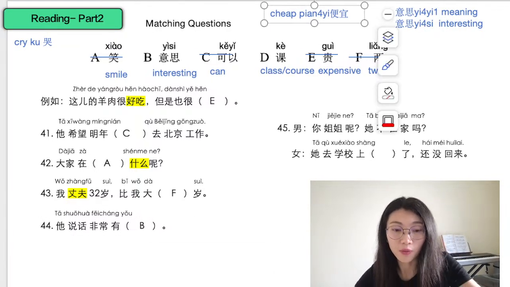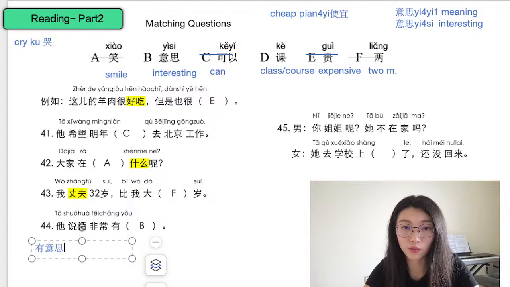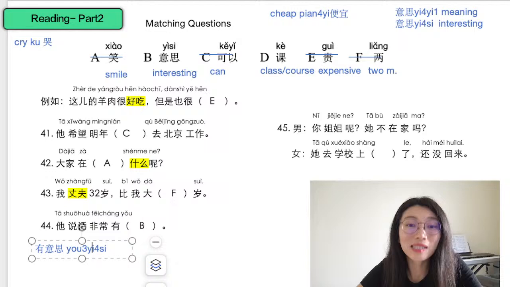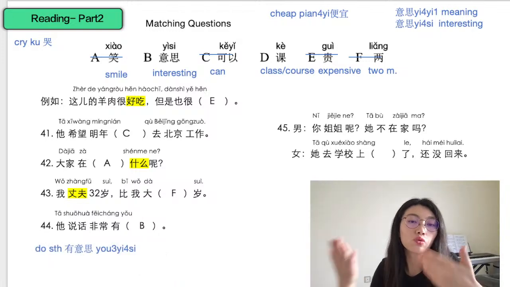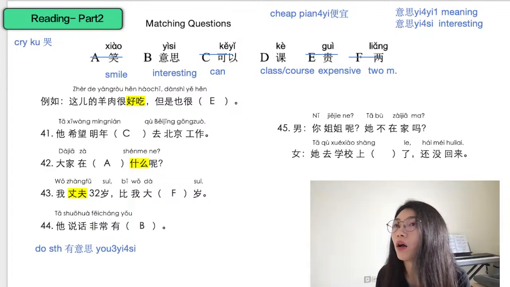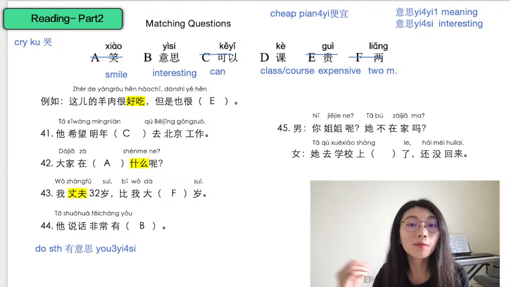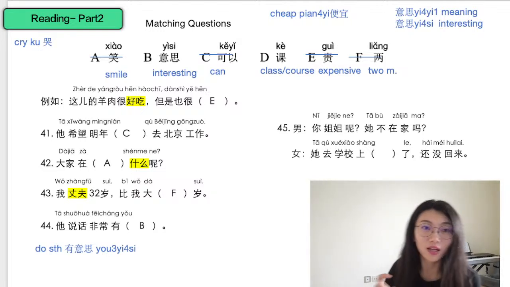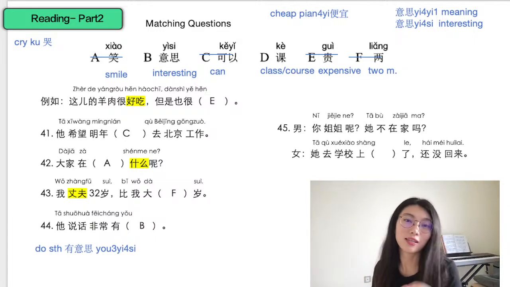好，44，他说话非常有 what, 非常有意思. Here 有意思 is a phrase, which means interesting, very interesting. We say do something 有意思. For example, 看书有意思, reading a book is very interesting. 打篮球有意思, playing basketball is interesting. 弹钢琴, playing the piano, 有意思, is interesting.